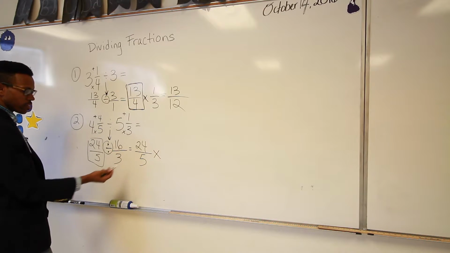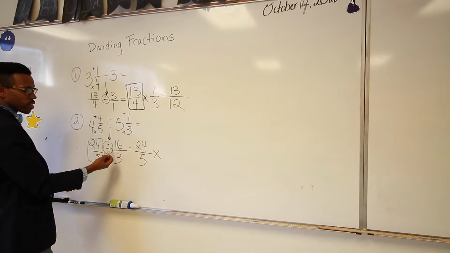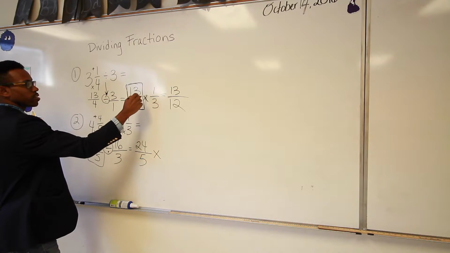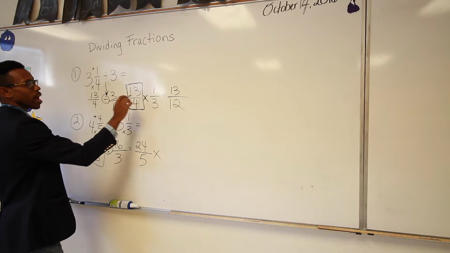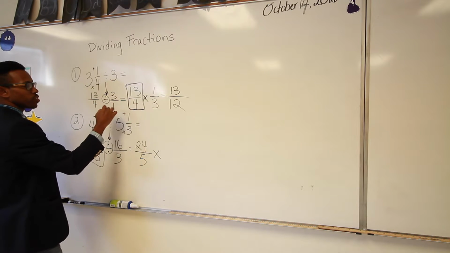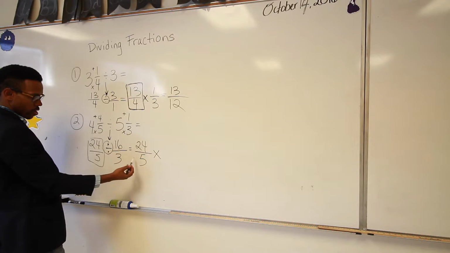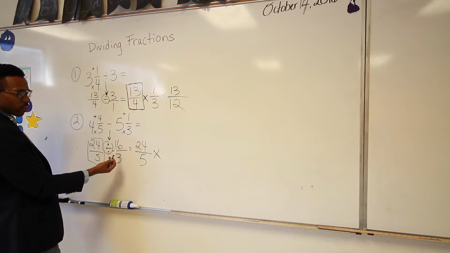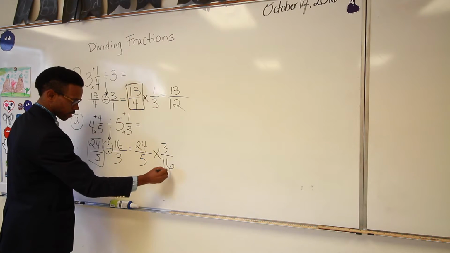The only fraction that changes is the one that follows the operation symbol. See here, after 13 over 4, we changed the operation to multiplication. This fraction that followed the operation is the only one that changed. We just flipped it. So 3 over 1 changed to 1 over 3. Here, we changed the operation to multiplication, and the fraction that follows, we just flip it. So now it's 3 over 16.